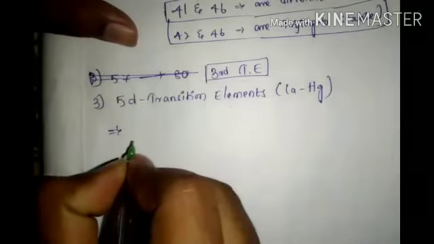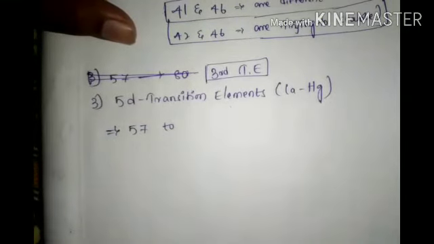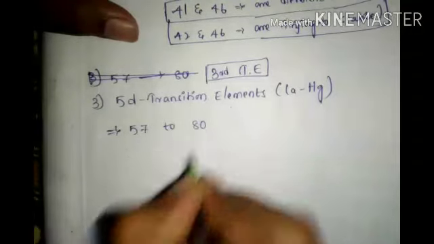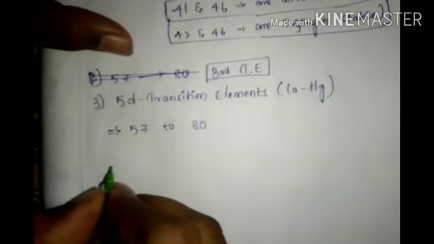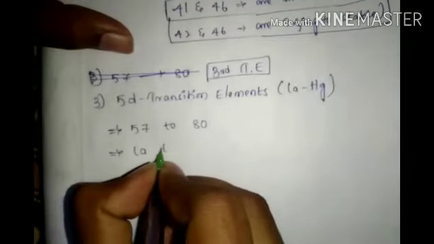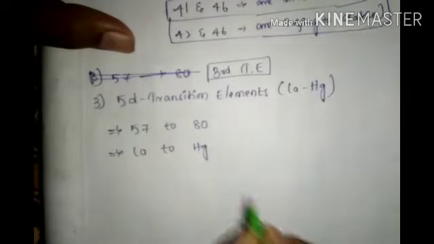It starts from 57 to 80. It starts from lanthanum to mercury.